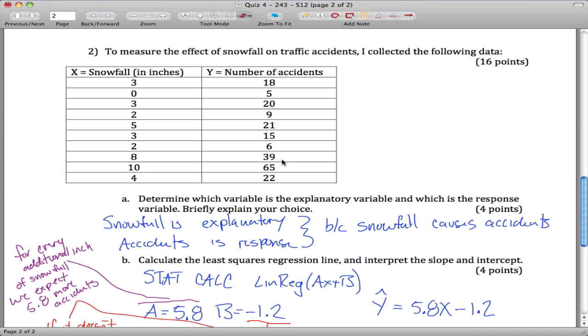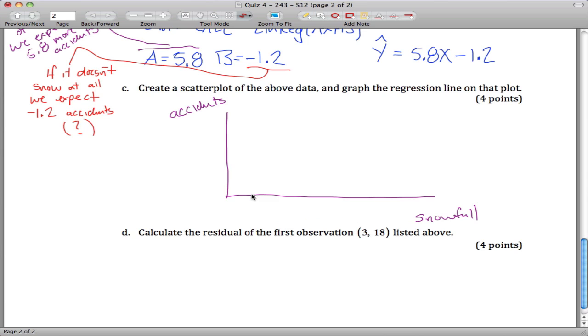Accidents go up to about 65. So we can create 1, 2, 3, 4, 5, 6, 7, 8, 9, 10, and go up 10, 20, 30, 40, 50, 60, 70.